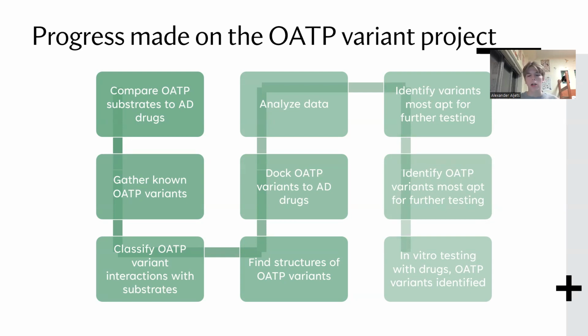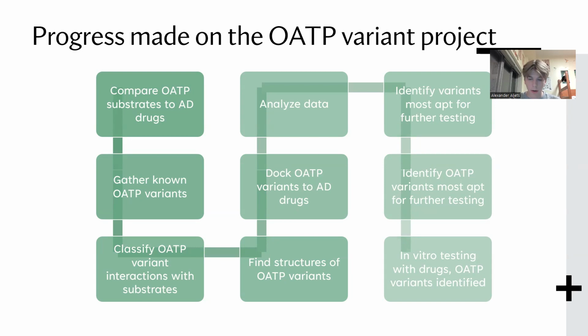a substrate anymore. And then plug the amino acid codes that I gathered into ColabFold or AlphaFold and find structures, and then use those structures to dock the variants to Alzheimer's drugs. Then I want to look at that and identify the variants that would be good for further testing.